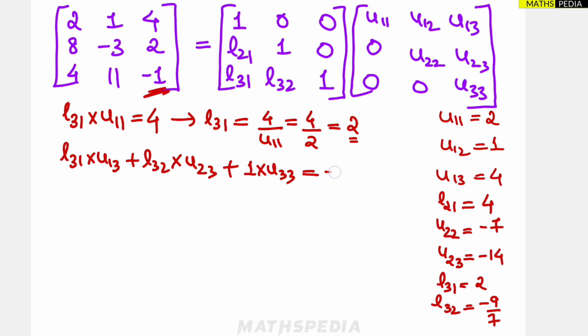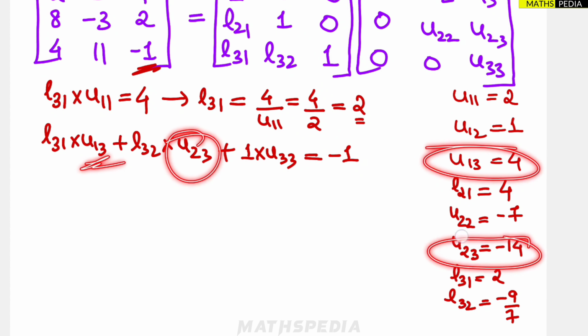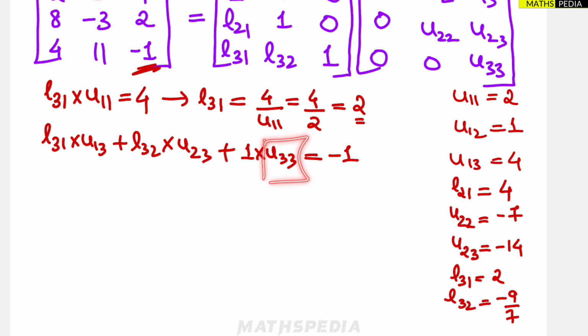The last element, which is minus 1. Okay. Now what all the values we know? L31 value already we got, which is nothing but 2. L32 value we know, which is minus 9 by 7. U13 value we know. U23 value we know. So which value is unknown? U33. The last value which we have to find out.